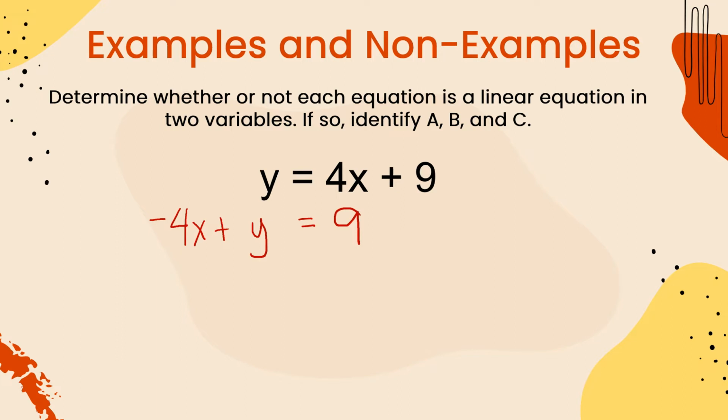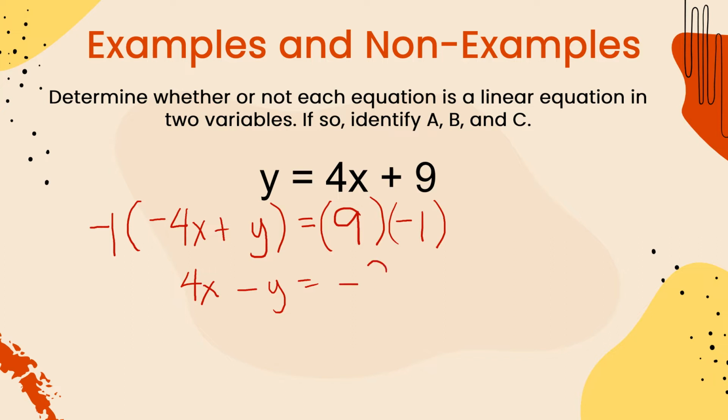So, para maging positive, we are going to multiply both sides of the equation by, yes, by negative 1 so that we can alter their signs. So negative 1 times negative 4x will give us positive 4x, and then negative 1 times y will give us negative y, then 9 times negative 1 is equal to negative 9.